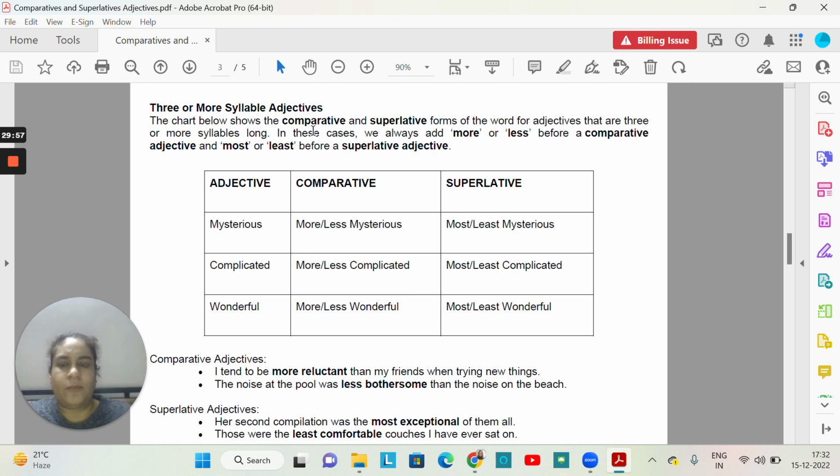Over here, the chart is going to show you the comparative and superlative forms of adjective words that have three or more vowel sounds or syllables. In these cases, we will always add more or less before a comparative, and you will always have most or least before a superlative. That's the rule. It will always be like that.